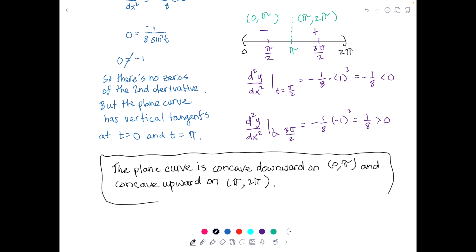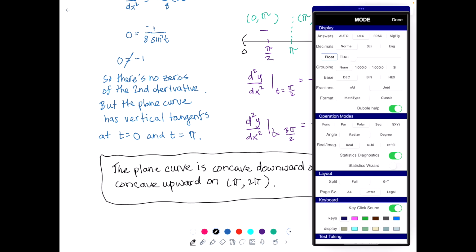Cool so far? Excellent. All right. And so if you take a look at the graph, we'll go into parametric mode.